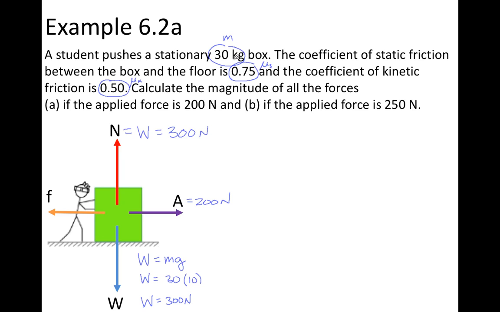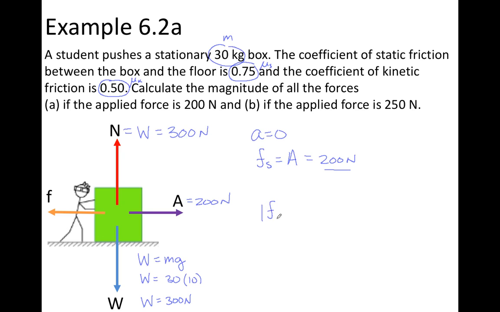If it were static friction, the acceleration would be 0. It wouldn't be moving, and therefore the static friction force would have to equal the applied force and would be 200 newtons. But we have to check, does this value exceed the maximum possible value?